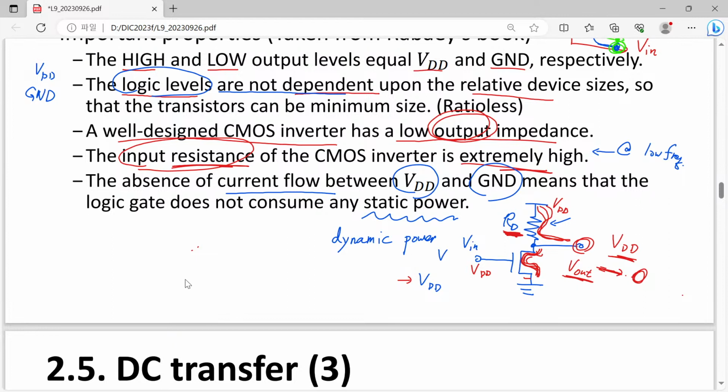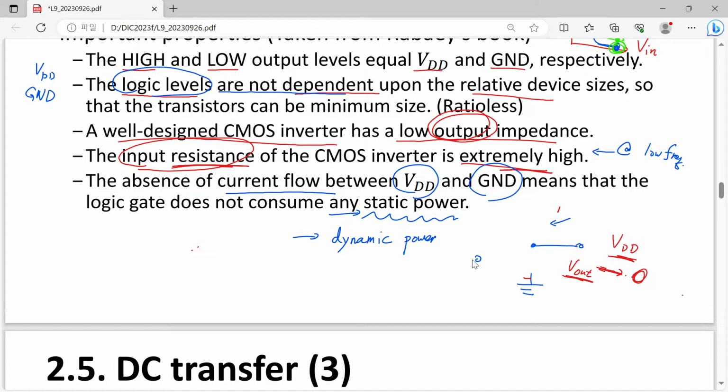You turn it on and off, then you have to spend something. Static power means that you just turn it on or turn it off in some cases, then just count the power consumption spent by this DC bias condition.